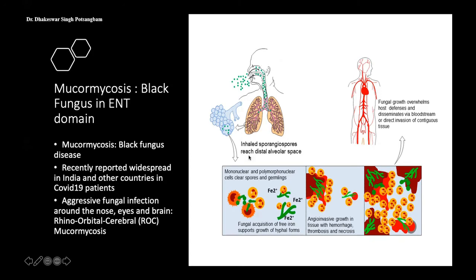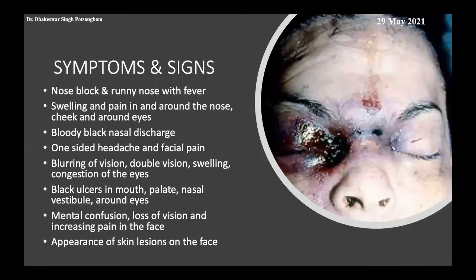And from there, first the fungus is supposed to be taken care of by the mononuclear cells and polymorphonuclear cells in our blood. And sometimes they are overwhelmed because of the depressed immune status in these patients, and the hyperglycemic state also increases this immune compromise.